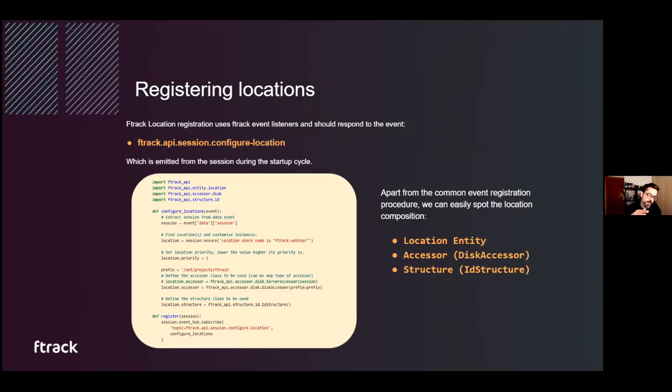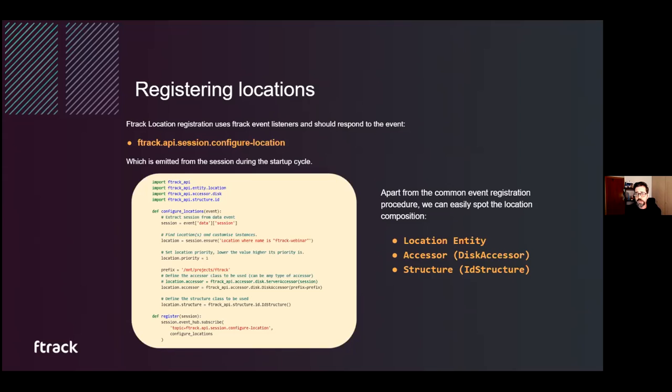So basically, from the bottom up, we can see the register function. And in this case, we are going to react to the Ftrack API session configure location, which is the one we want. And in this case, we're going to simply trigger this configure location function, which will accept our event coming in from the session. First thing, of course, we want a session.